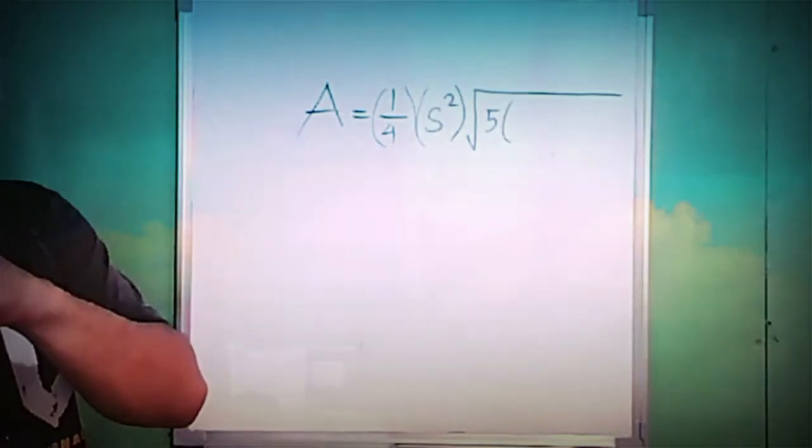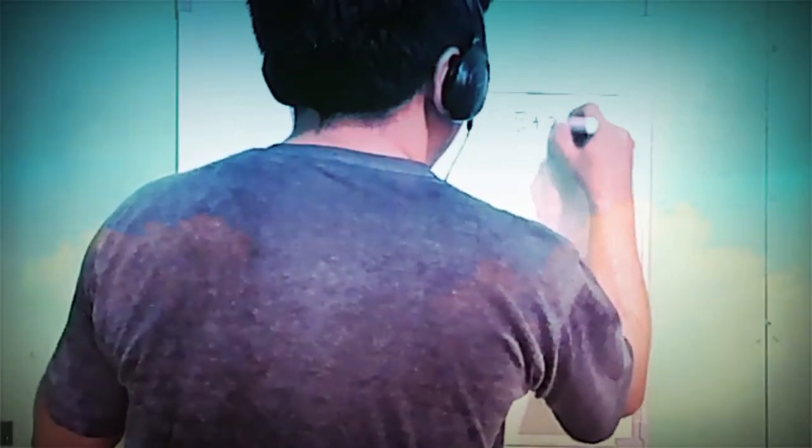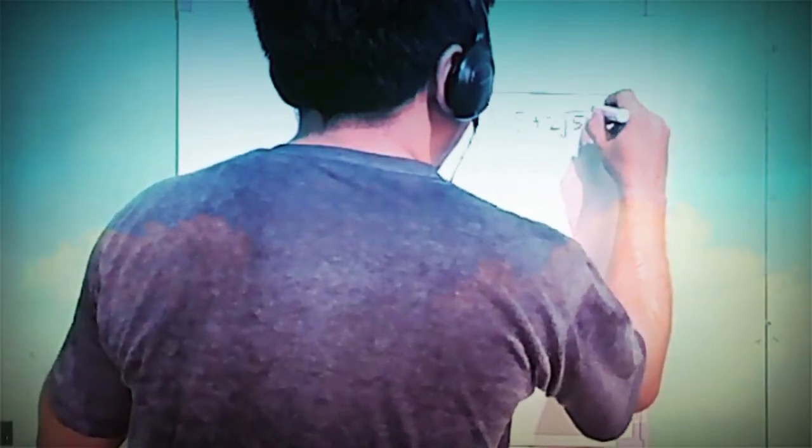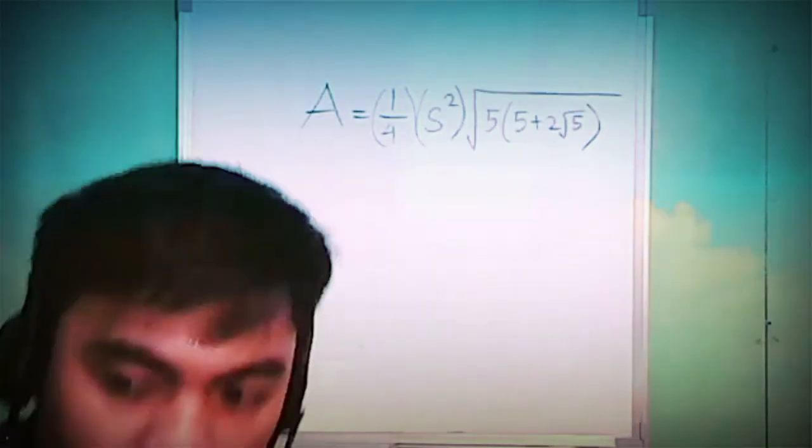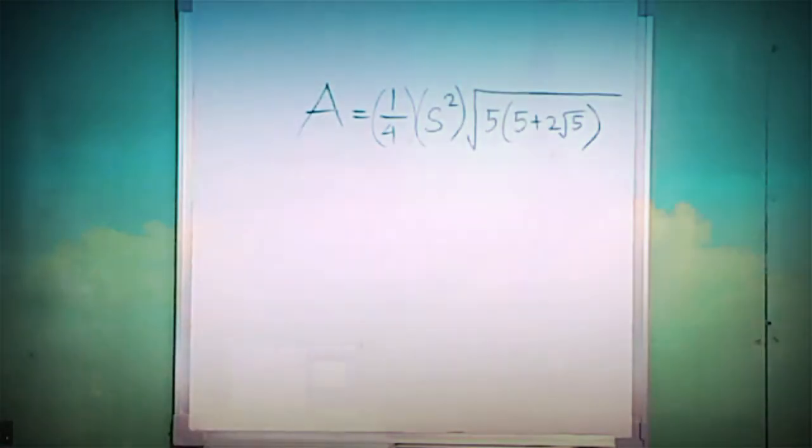times 5 plus 2 square root of 5. Let me check the formula: 1/4 s squared square root of 5 times 5 plus 2 square root of 5. Okay, that's the formula.